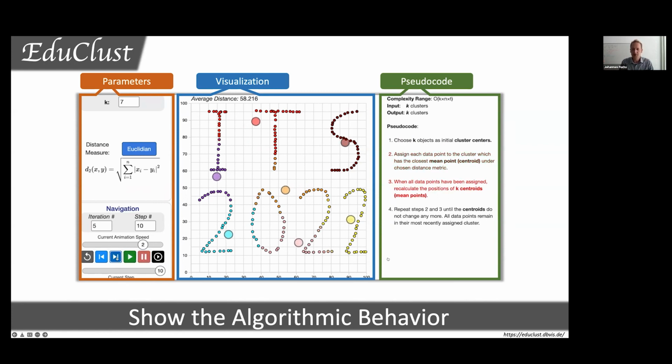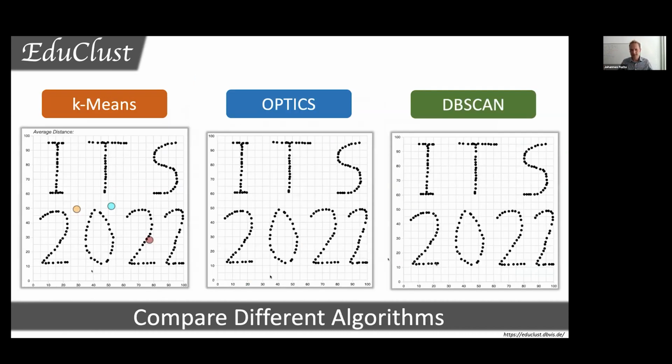This pseudocode is linked to the current step. So you can see some things are highlighted in red, and these are the current steps being taken. When we have reached the final clustering state, we can also go back in time to see what has happened over the different steps and to experience the clustering algorithm again, to replay what has happened.